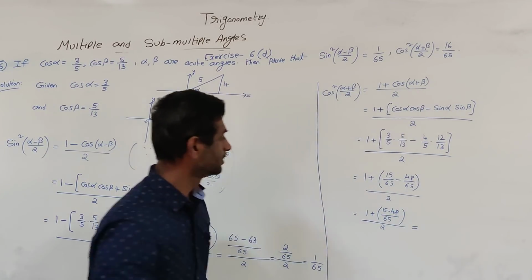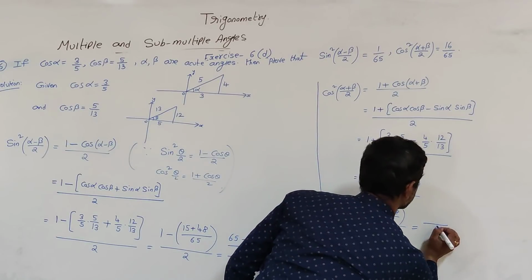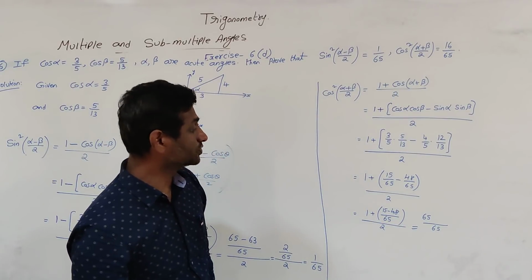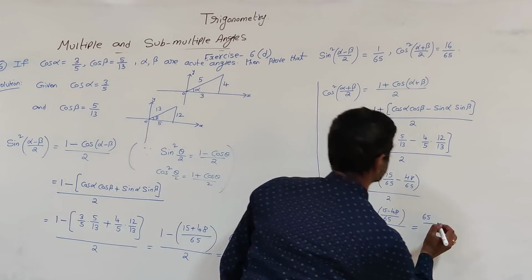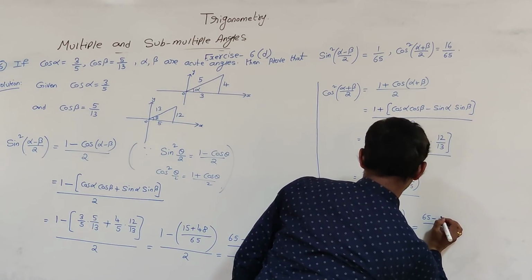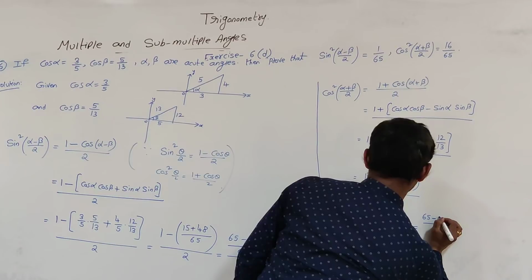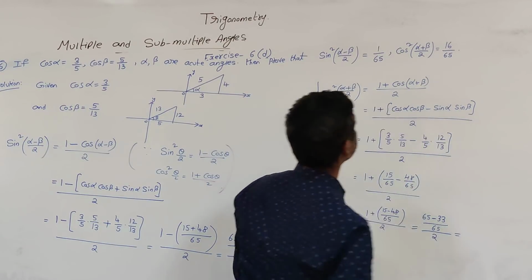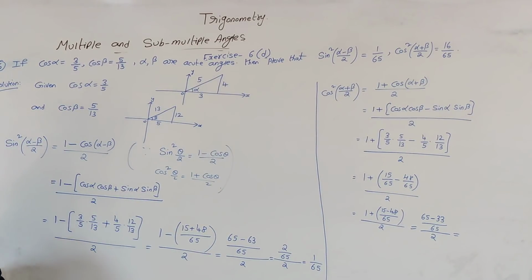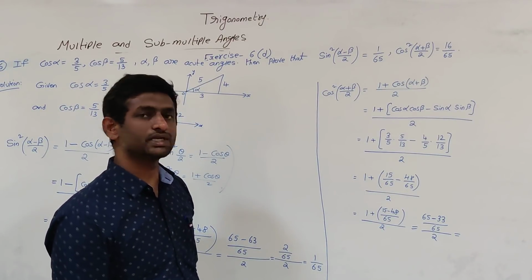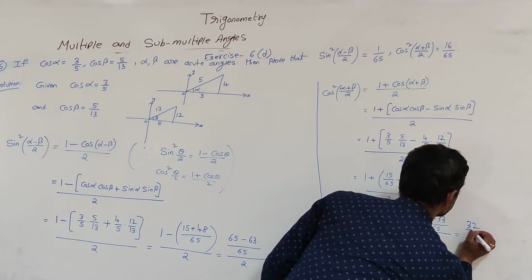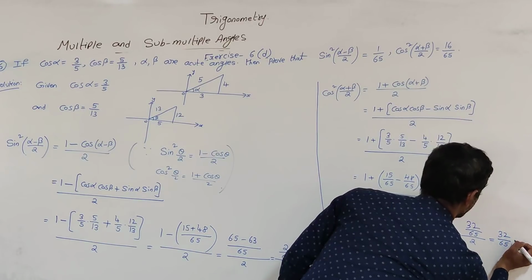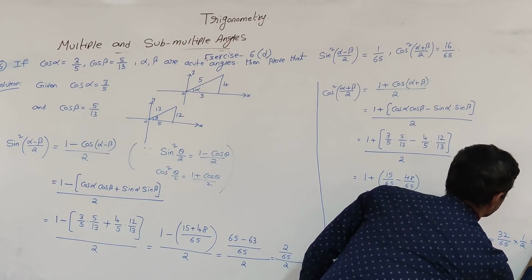Again 65 is the LCM, 15 minus 48 gives minus 33, and what is the value of 65 minus 33? 32 by 65 upon 2, which gives 32 by 65 into 1 by 2, that will be 16 by 65.